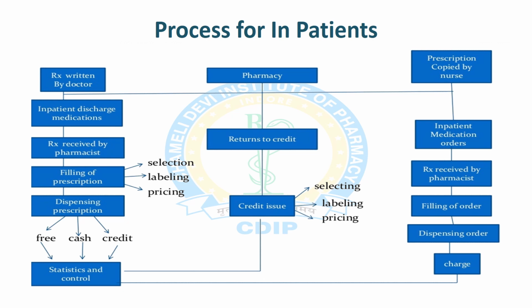If the prescription is copied by a nurse, then it is a medication order. After that, it is received by the pharmacist. The pharmacist will fill the order in terms of selection, labeling and pricing. Then they dispense that order and give charges for it, and statistics and controls will be recorded.